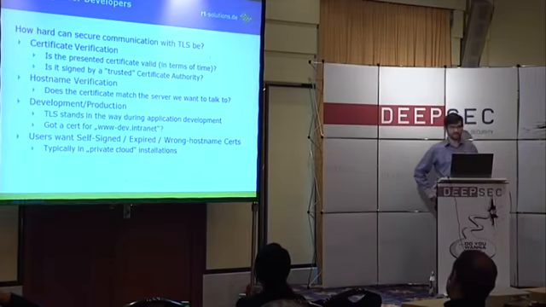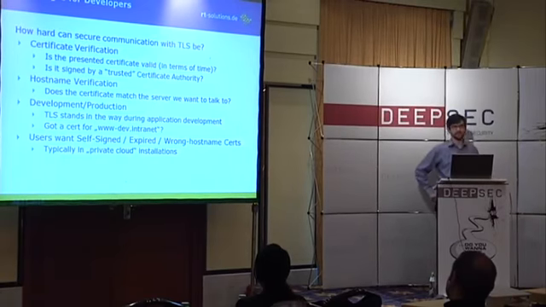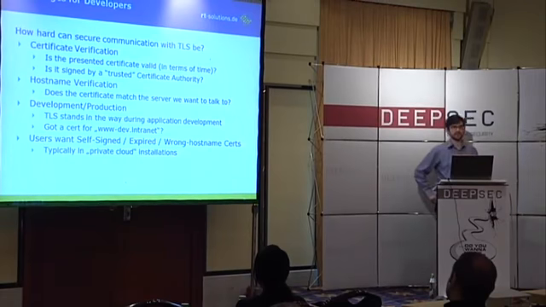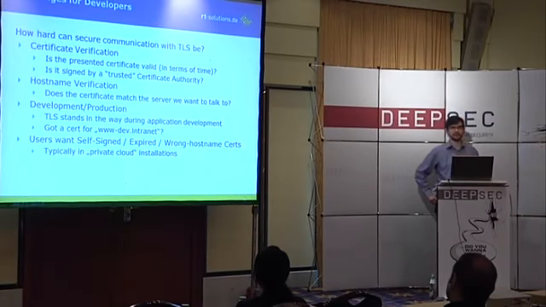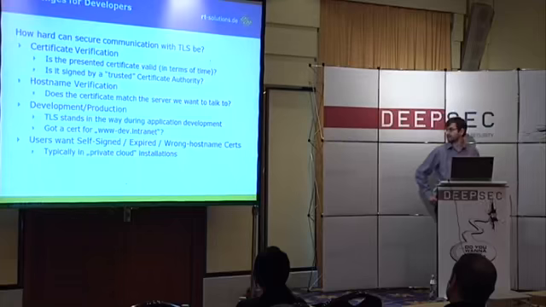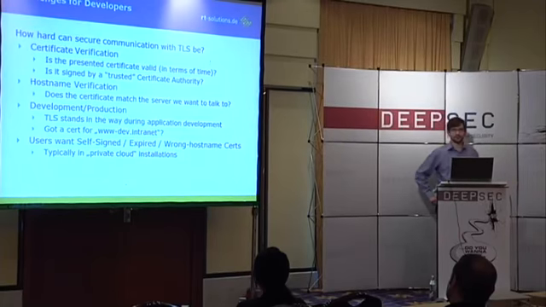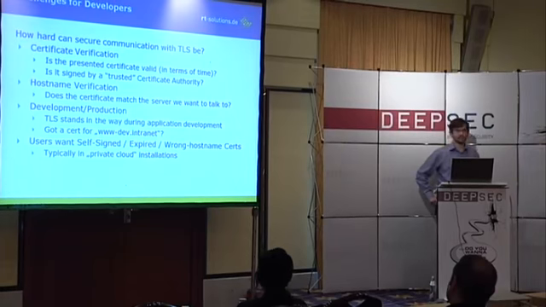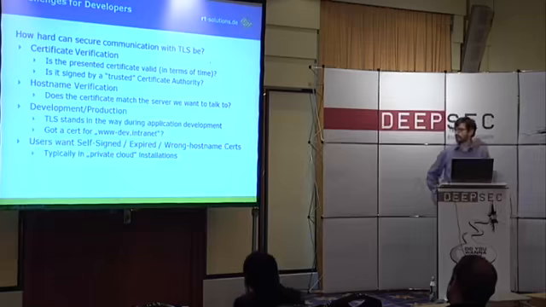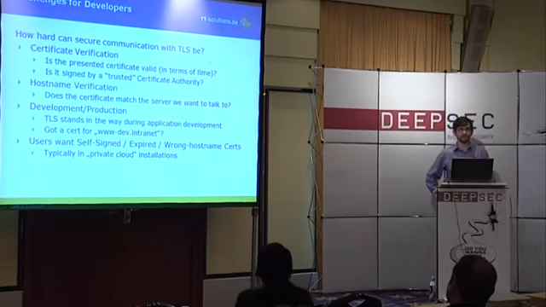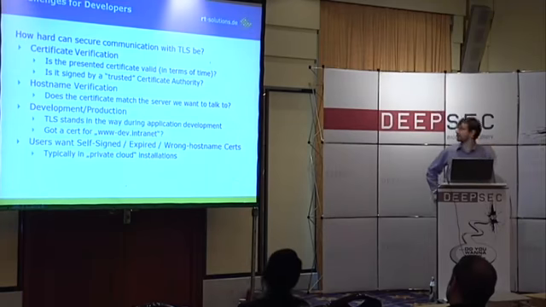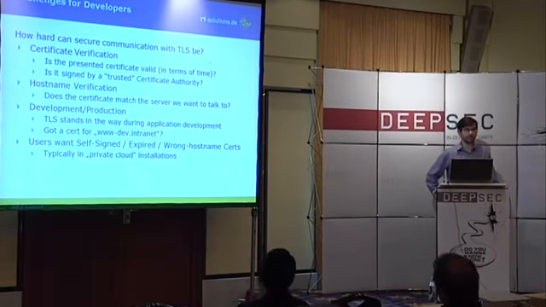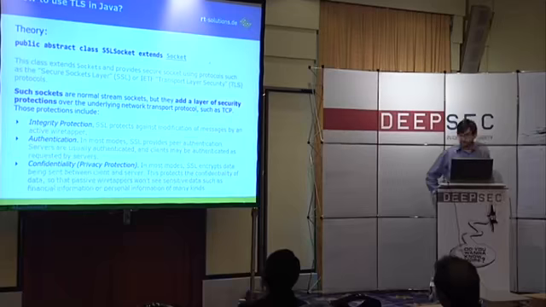It starts out with self-signed, and sometimes you have expired certificates because the administrator just didn't care about updating it or even didn't notice it expired. You have certificates which are issued for one host name, but you want to connect to a different host name, maybe on the same domain, maybe on a different domain. And if you are writing software which has to connect to different user-provided servers, you need to take care of it and can't just disable security altogether.